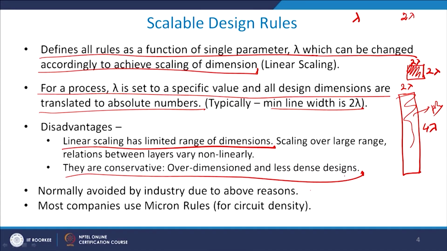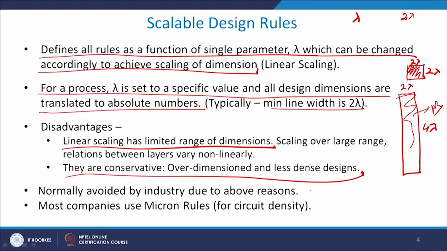Though they are scalable, they have a limited range in dimensions, and they also set in non-linearity at higher values, and therefore they give less dense designs. Now, they are generally avoided by industry to a larger extent because of the above problems, and most of the industry uses micron rules for their purposes quite conveniently.